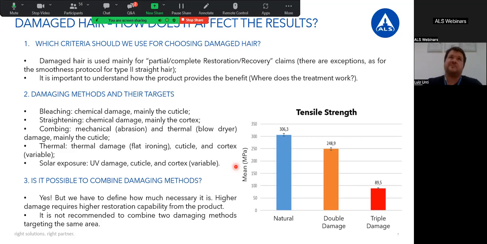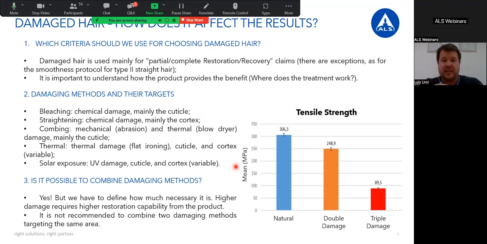So this is the initial condition for those types of claims. It's most common to use natural hair for most of the claims. But when we want to talk about restoration or recovery, we should aim for damaged hair. So it is also important, again, to understand how the treatment can provide the benefit to the hair.